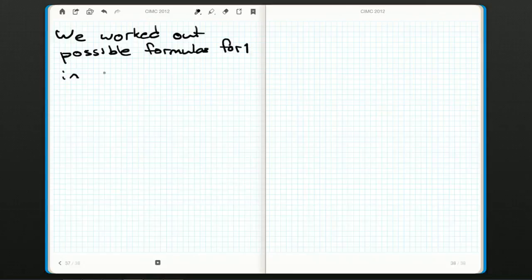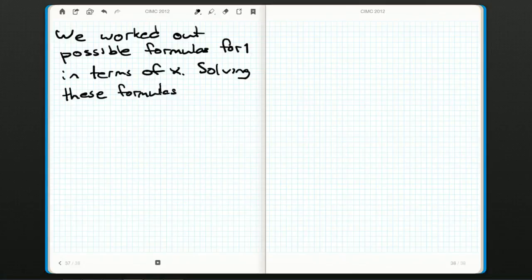So we worked out possible formulas for 1 in terms of x. And as we said, solving these formulas aren't just going to give us the x values.